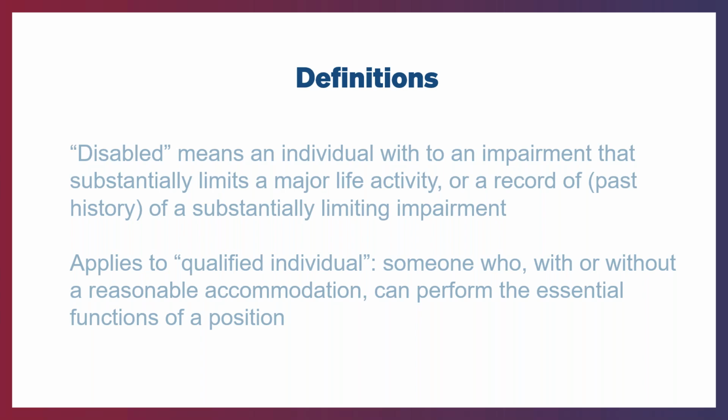If there is no way with any accommodation that a person can perform the essential functions of the job, they're not a qualified individual. You don't have to accommodate someone when the accommodation would be futile. If there's no way to accommodate someone because they're unable to perform the essential functions of the job, even with an accommodation, they're not a qualified individual.